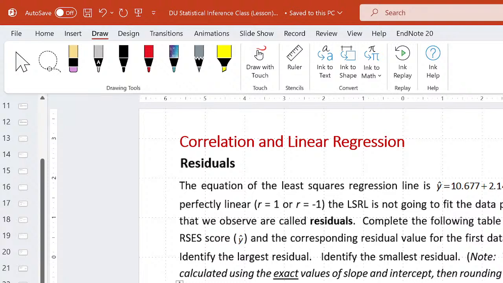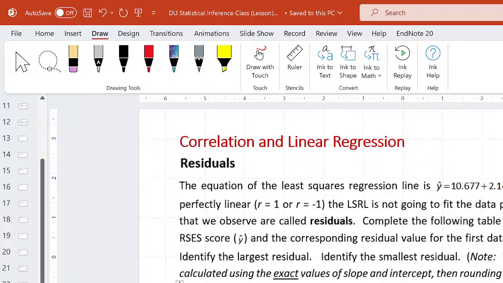A residual plot is a plot of either x or y hat. Usually at the undergrad level it's x, but for more advanced courses, when you do multiple regression, we use y hat along the horizontal axis and the residuals along the vertical axis.